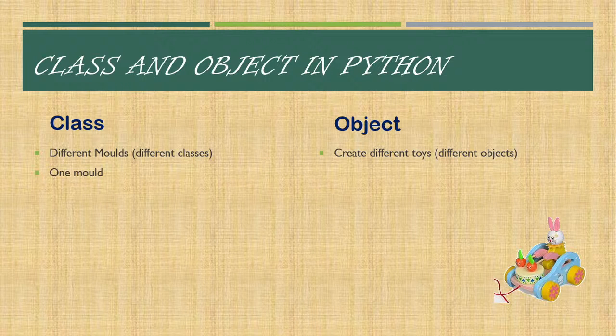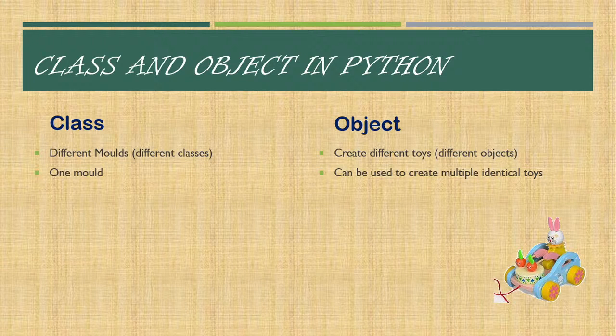But if we use a specific mold, we can create multiple identical toys using that one mold. In the same way, when we first create an object of a particular type, the term we use is instantiation, because in programming we say that an instance of a particular class, that is an object, is created.